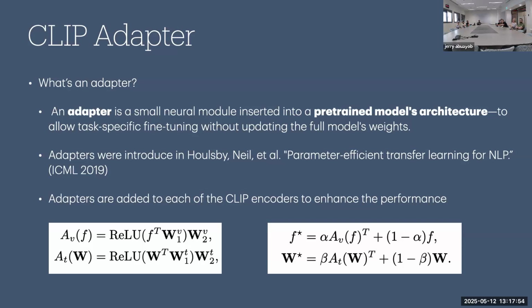Adapters were introduced as a compact and extendable module that adds a few learnable parameters to the network architecture. The first adapter was added in the paper Parameter-Efficient Transfer Learning for NLP, in ICML 2019.